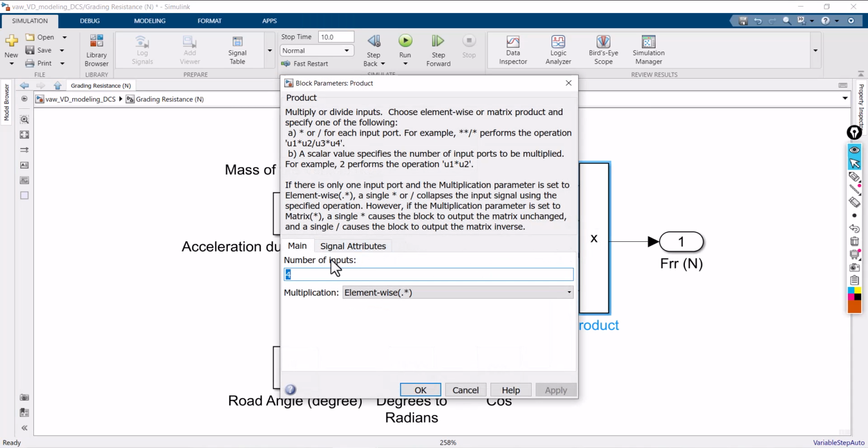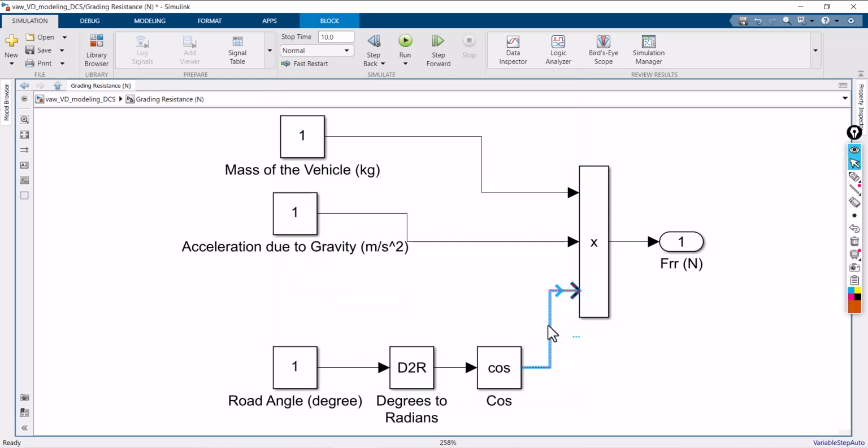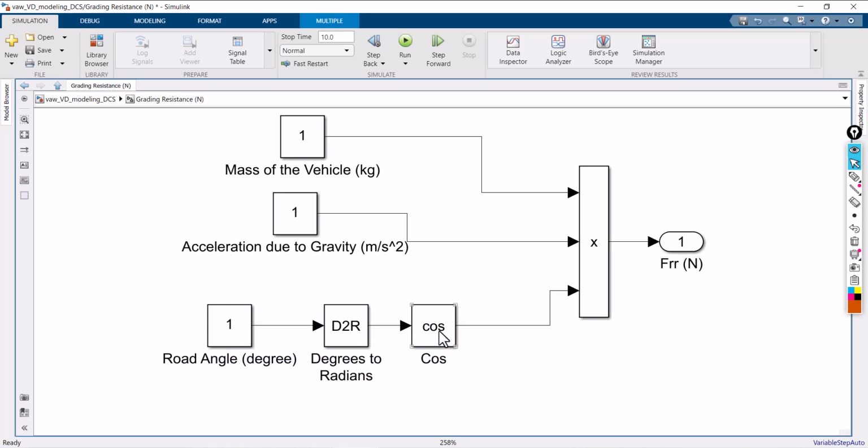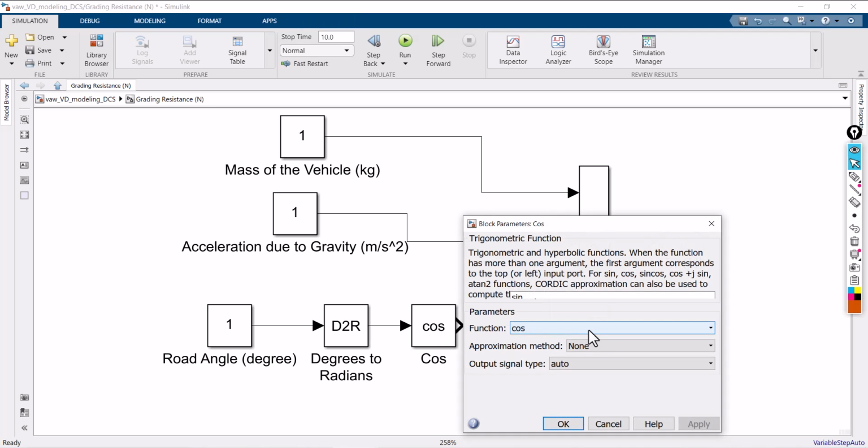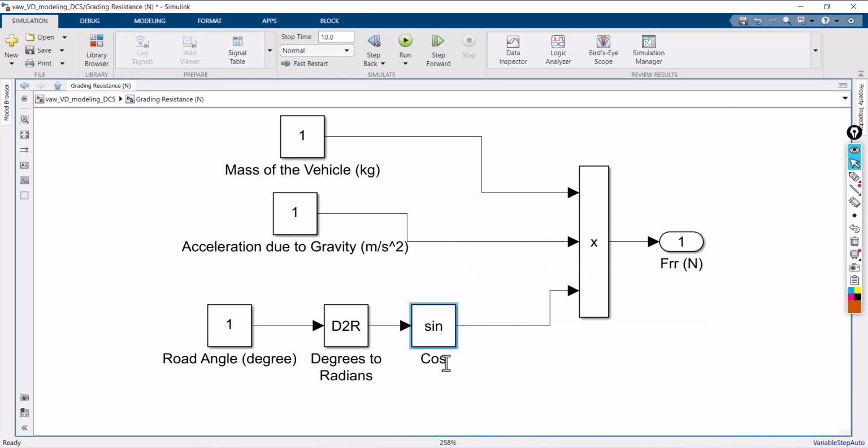Similarly, I'm going to reduce the number of inputs to 3. Here you can change the trigonometric function from cos to sine. That's all.